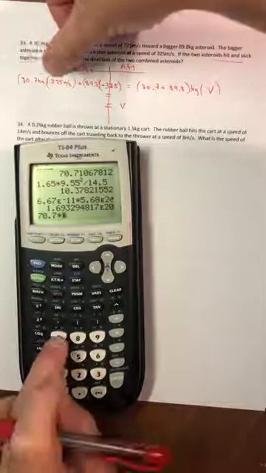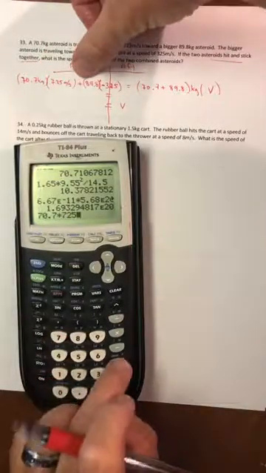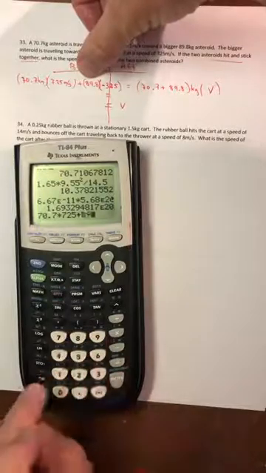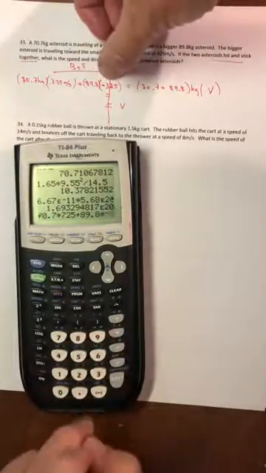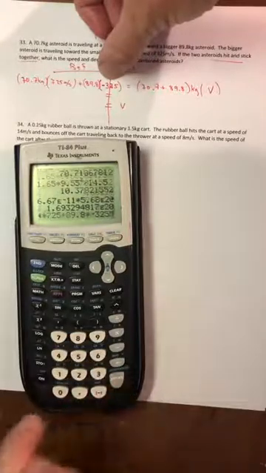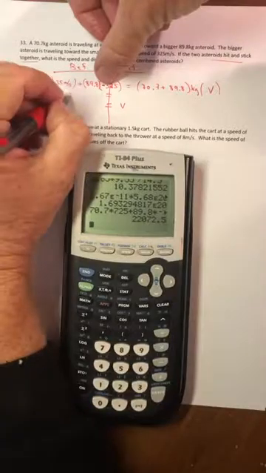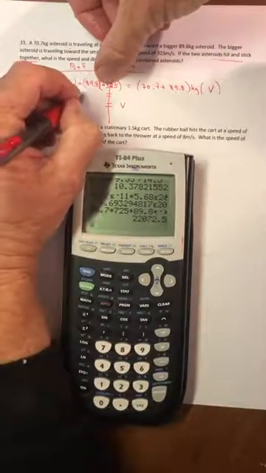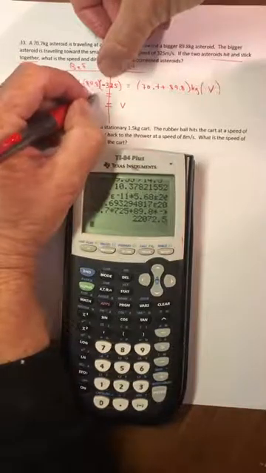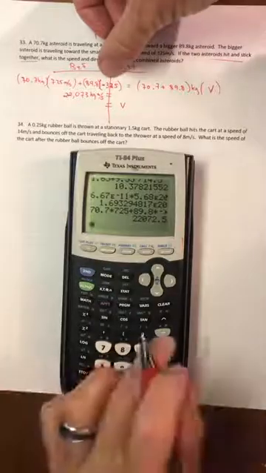So if I grab my calculator and go 70.7 times 725 and add to it the 89.8 times, and there it is, negative 325. I get a total momentum of 22,000, and I'll just round it up to 73 kilogram meters per second for the units.